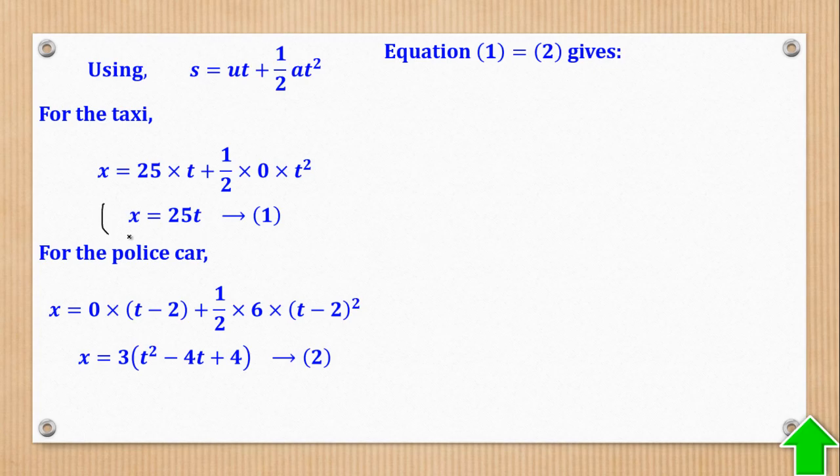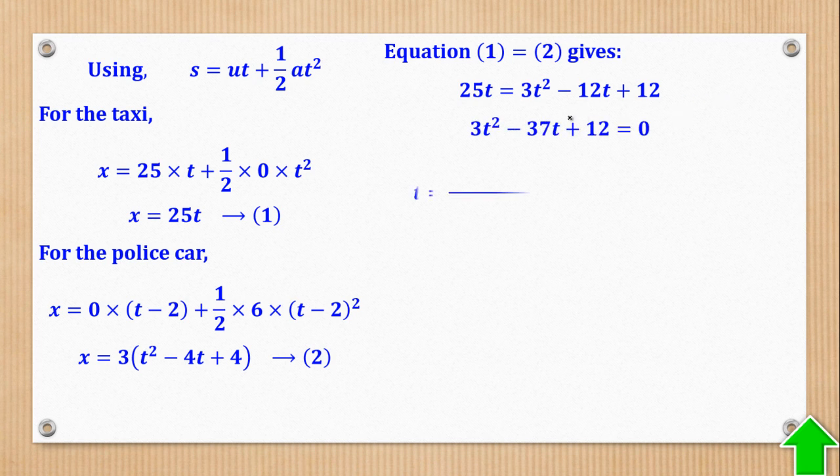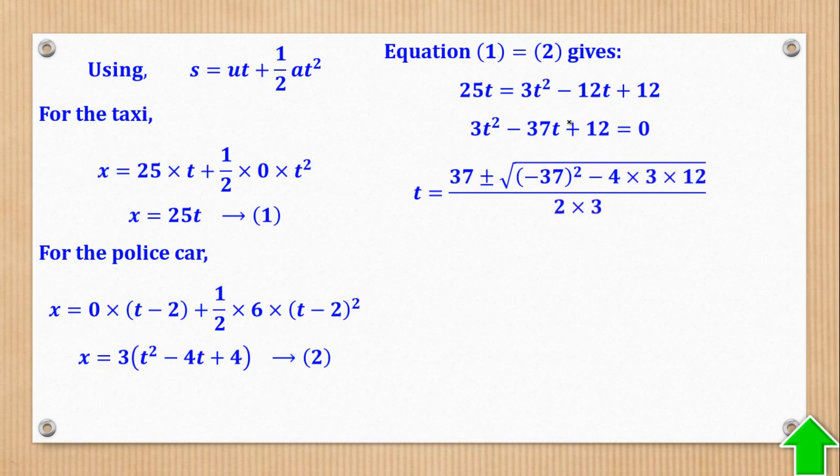Now you see this x, so I can equate the two to get an equation in t alone. So rearrange to get a quadratic equation which can be solved to get the two values of t. But t cannot be this, so you have to use this. Why?